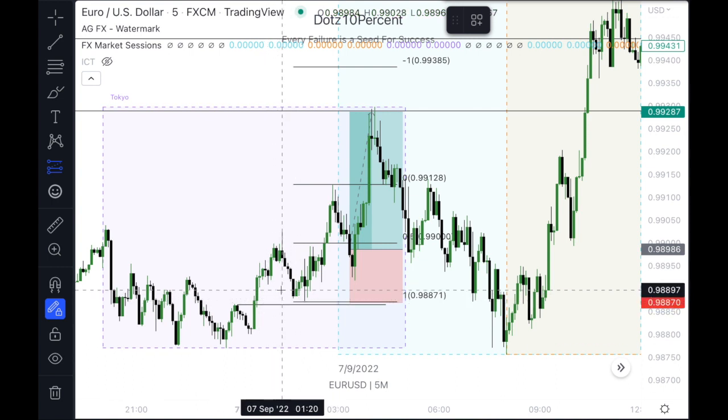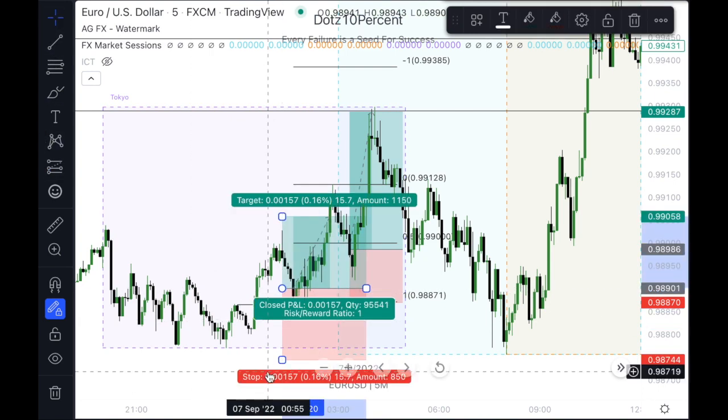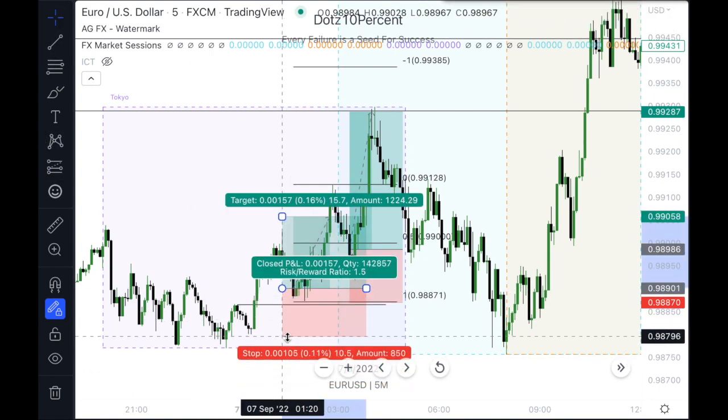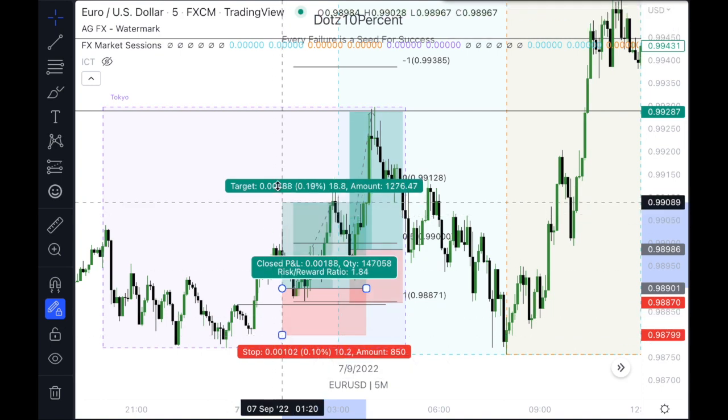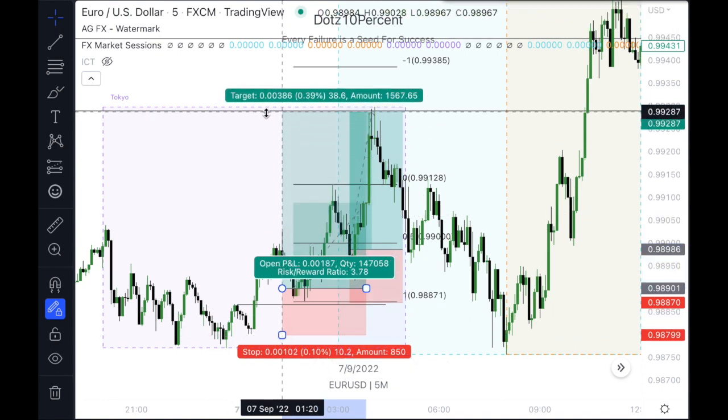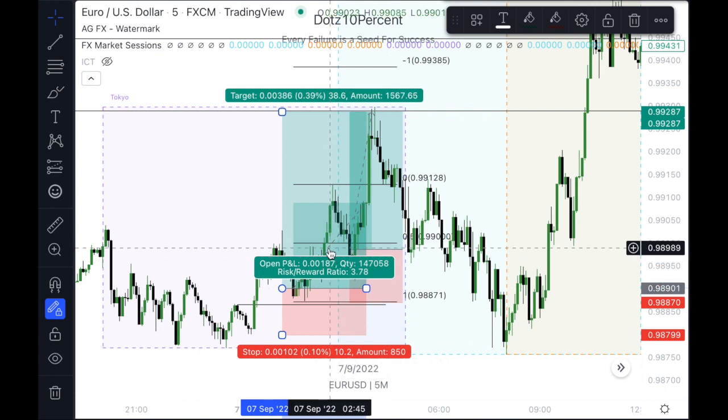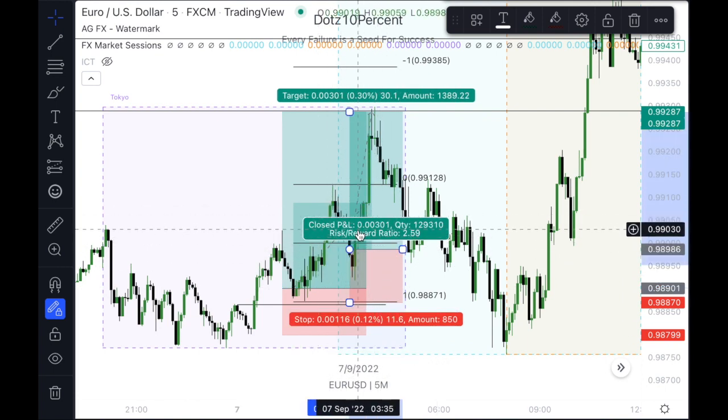If, right, we're considering a trade from here, stop loss goes here, we target the fair value gap, and then we also catch this second swing. This is give or take, let's say 3.5%. This is 2.5%. Right?